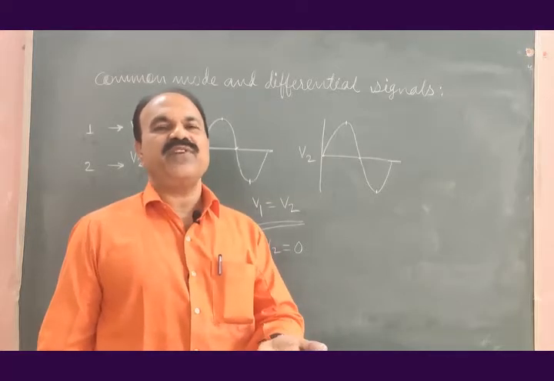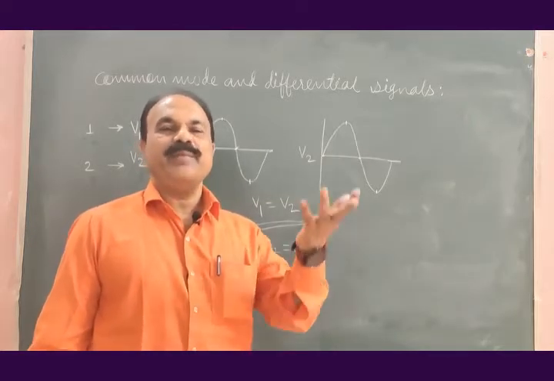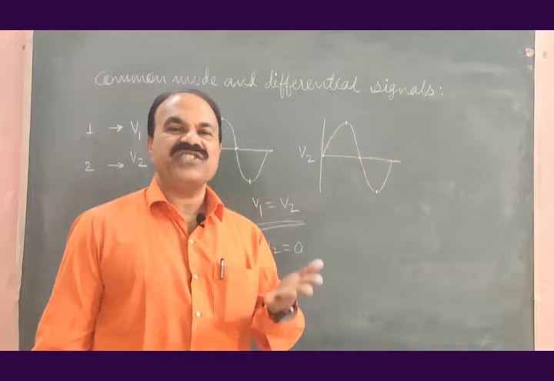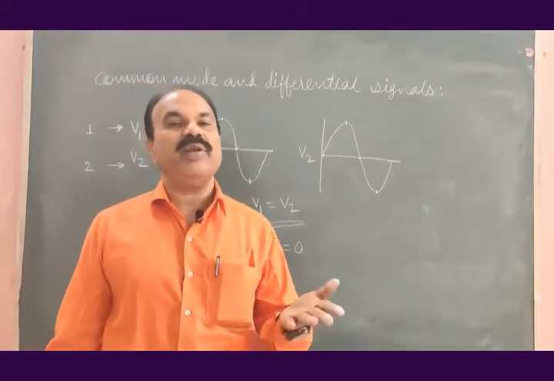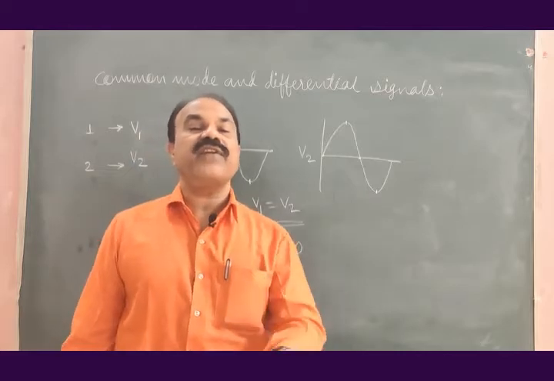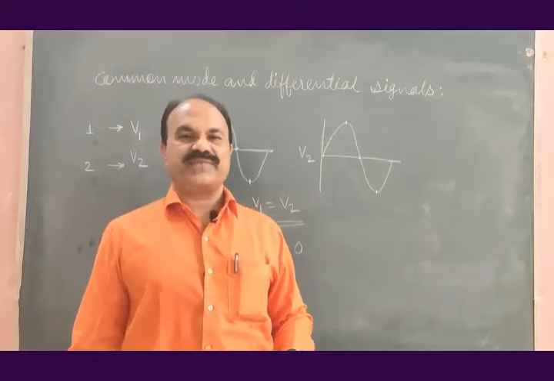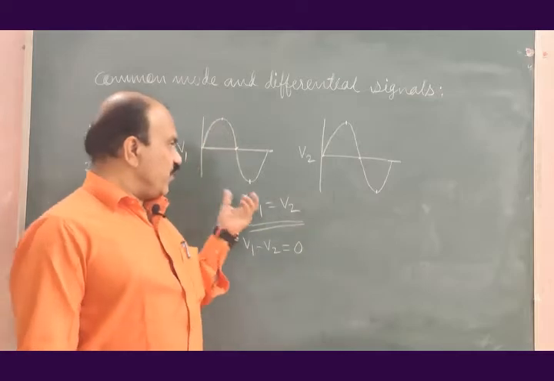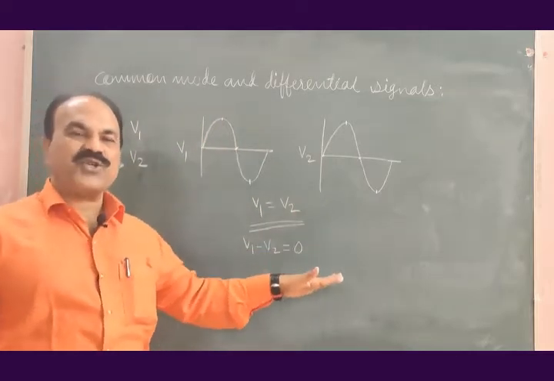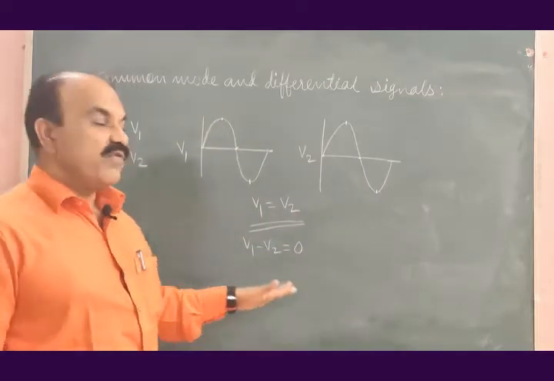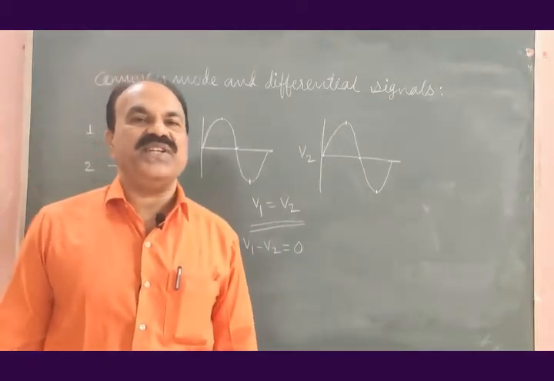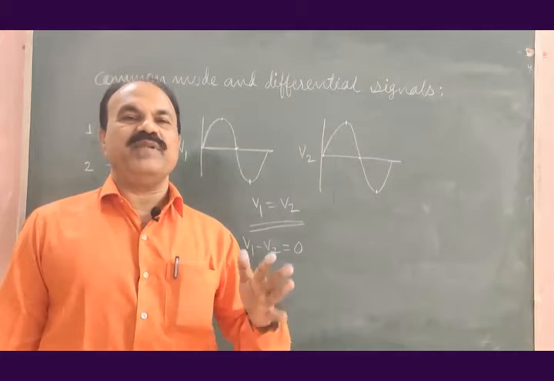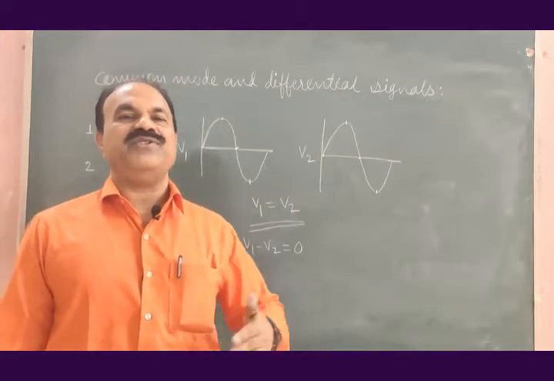It will be 0, because the differential amplifier is designed and constructed to amplify only the difference of the two input voltages. So for such a condition of application of input voltages, the output voltage of the differential amplifier will be 0.